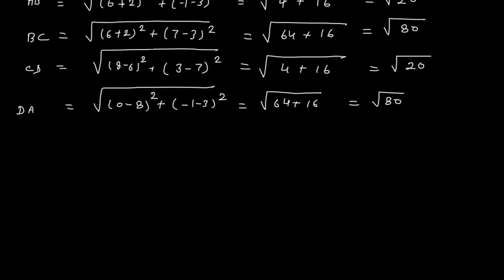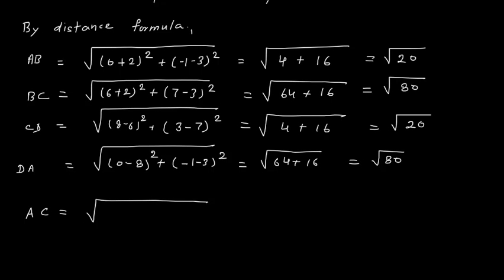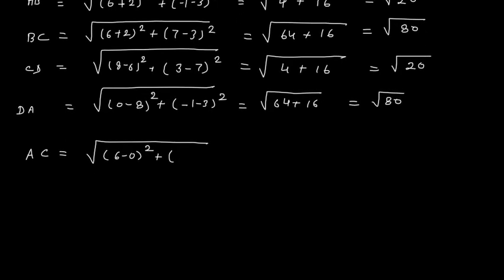And then diagonal AC is (6 minus 0) the whole square plus (7 plus 1) the whole square. So 6 square is 36, 7 plus 1 is 8, 8 square is 64. So this will become root 100, and this root 100 is 10.